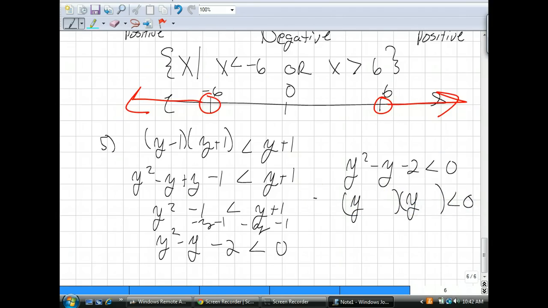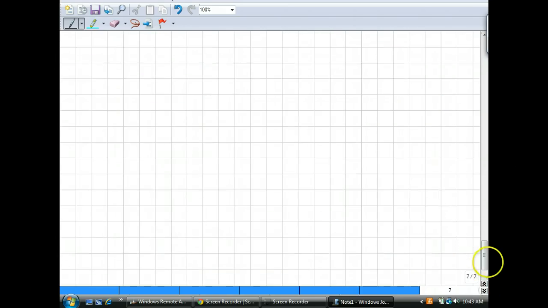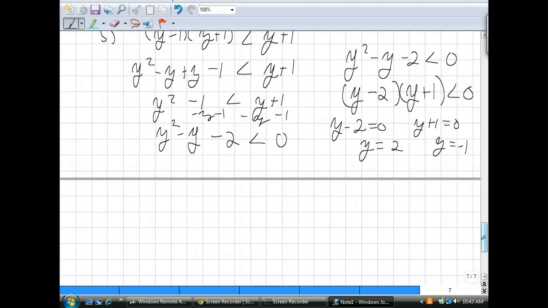So I need something that multiplies to negative 2 but adds up to negative 1, so it's going to be a minus 2 and a plus 1. Set each factor equal to 0. So I get y equals 2, y equals negative 1. And we see that our critical points then are negative 1 and positive 2.